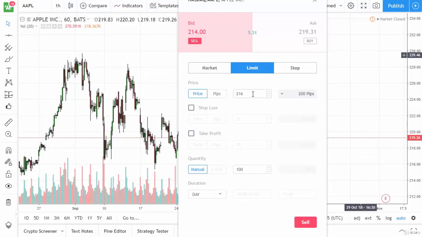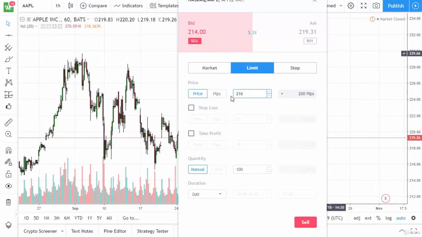But if it blows past 216, it might be 216 and a quarter before you realize that, and in this case, you make more profit. That's not a bad thing, but it's just to let you know that your order may or may not get filled. But it is a way to get out at that specific price. So that is a sell limit order.